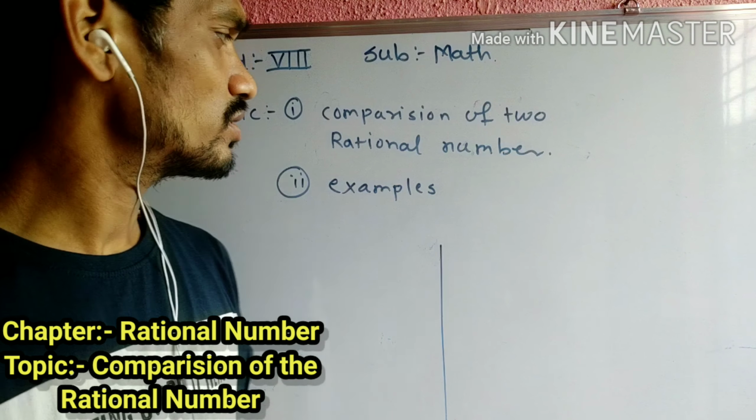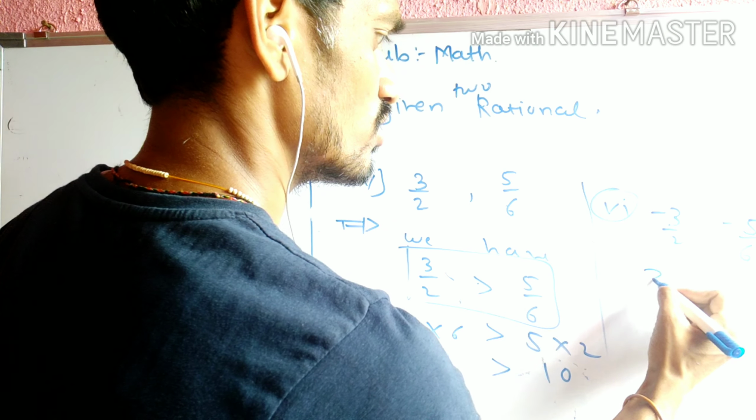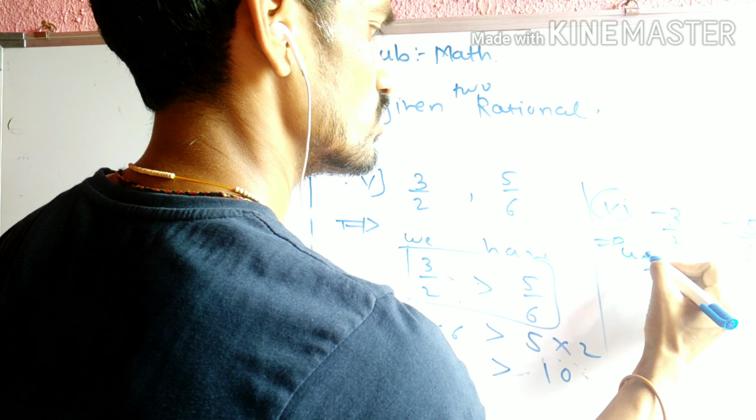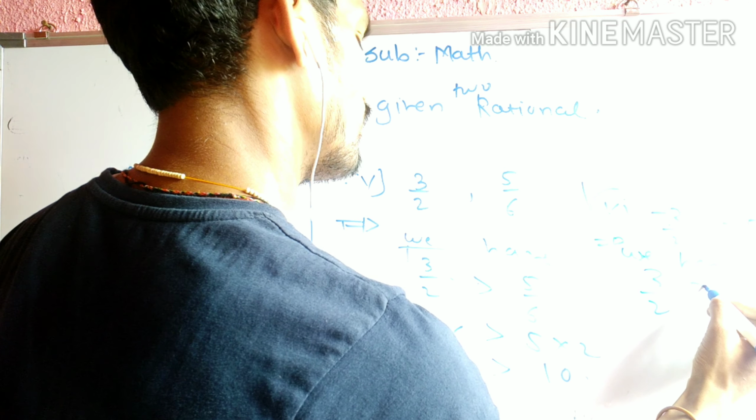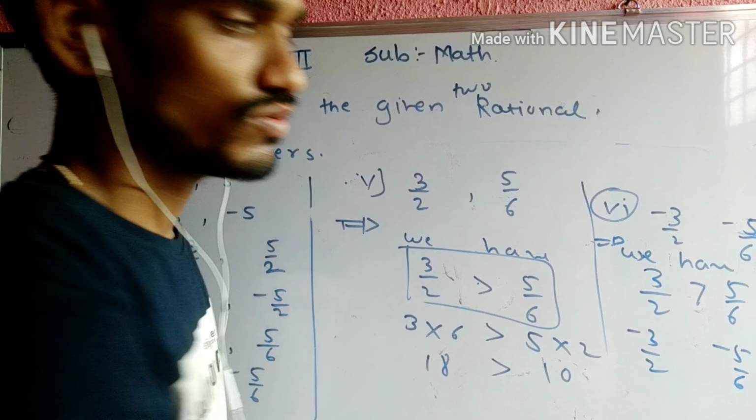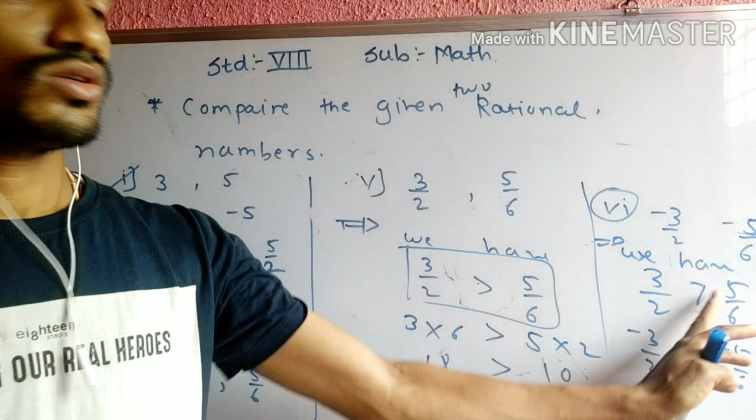In 3 by 2 and 5 by 6, 3 by 2 is bigger than 5 by 6. So in minus 3 by 2 and minus 5 by 6, which one is bigger? We just have to take the negative of that. You have taken positive away, negative. So the sign will change.